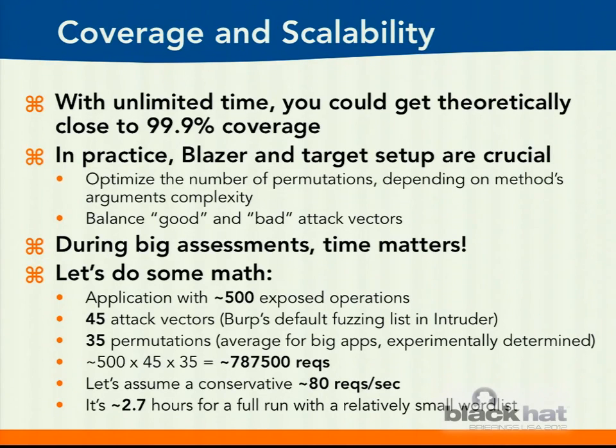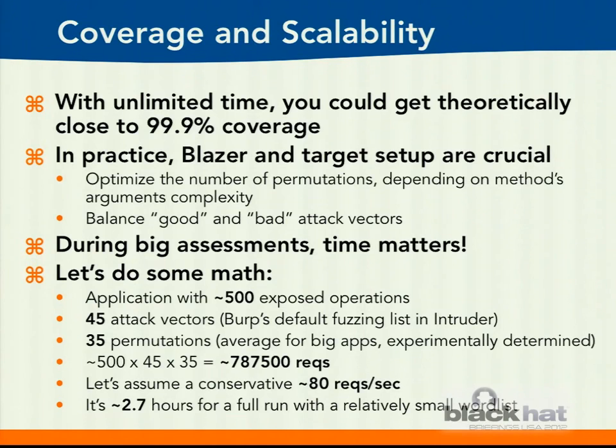Time matters because if we consider, for example, quite a big application, 500 exposed methods, and a relatively small attack vector list, Burp's default fuzzing list in the Intruder, which is the one you can normally select, includes 45 items, which is probably not even enough to have a good attack vector list for all SQL injection. So if we want to do proper testing, we need to increase the attack vectors used to generate objects quite considerably.